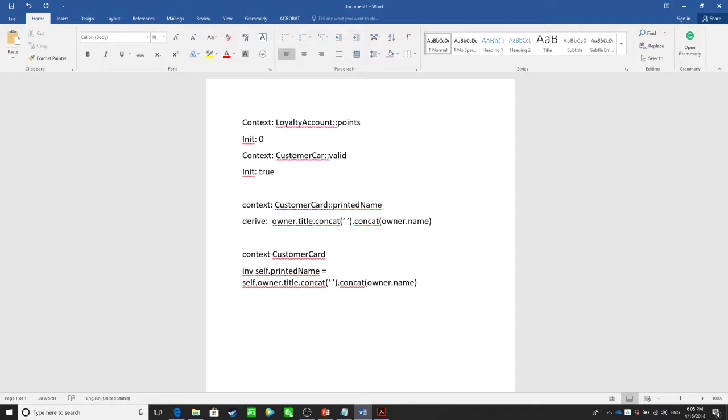This is the way we treat this as an invariant. This can be an invariant, that's fine, but we are learning how to use the derive keyword. Derive is directly followed by the value. So these two specifications have the same meaning for this system.